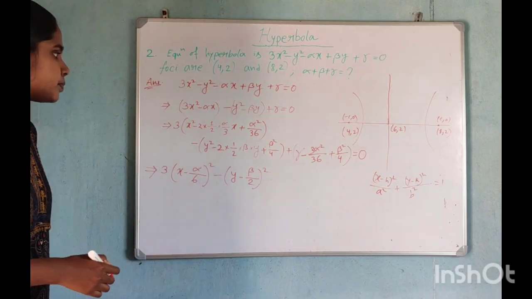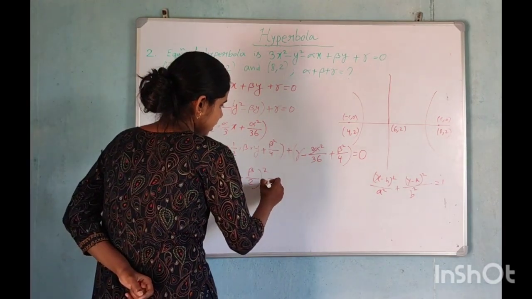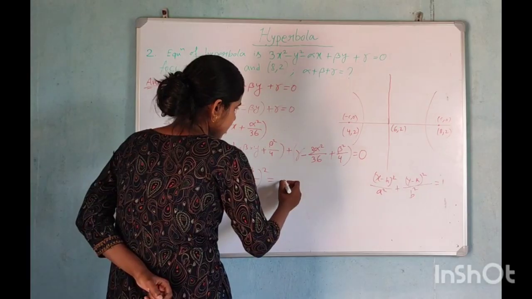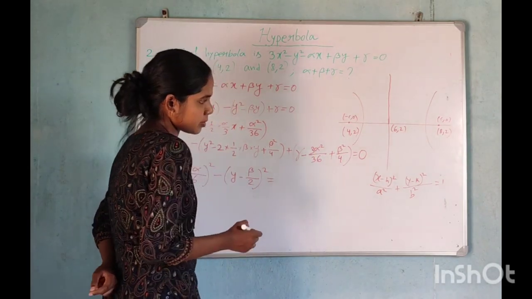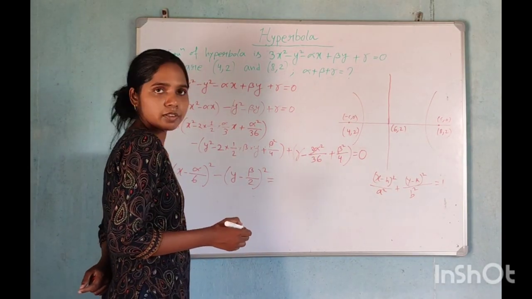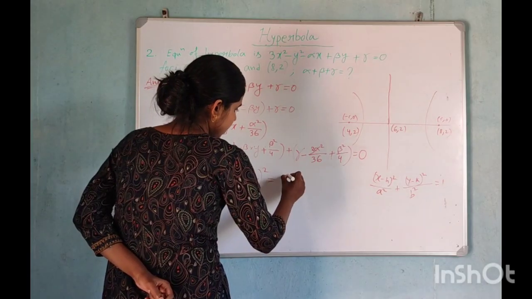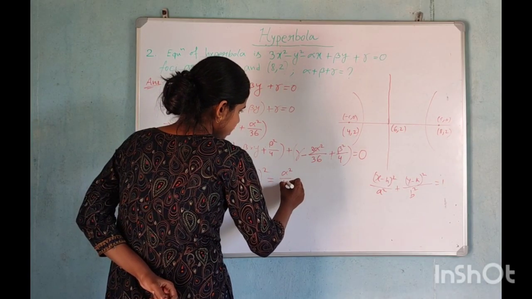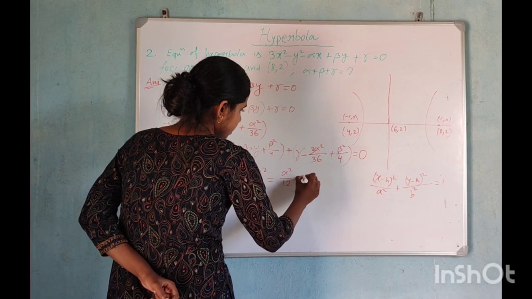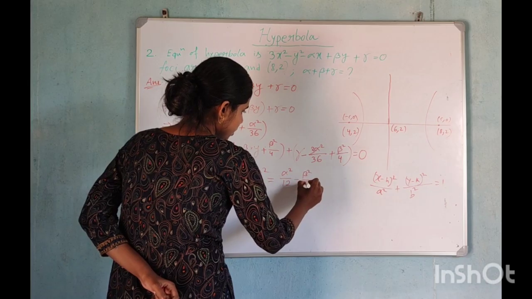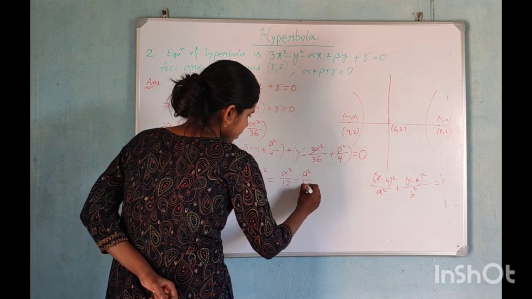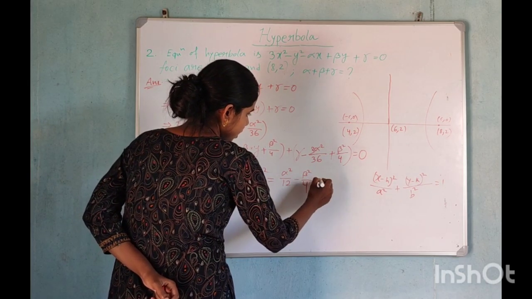Okay, and take this one to the right hand side. 36 will be cancelled, so it will be 12, alpha square by 12. So we can write alpha square by 12 minus beta square by 4 minus gamma. Okay.